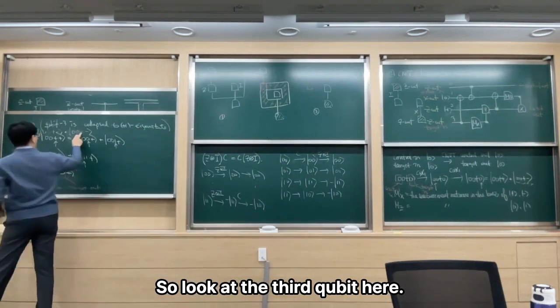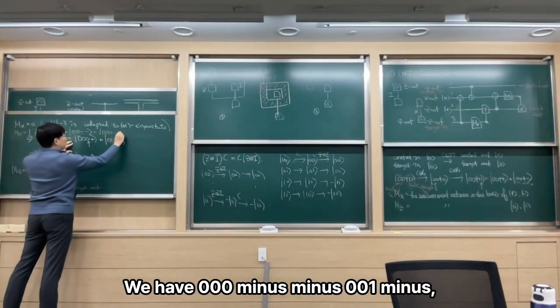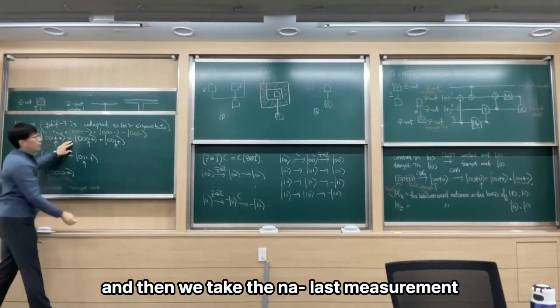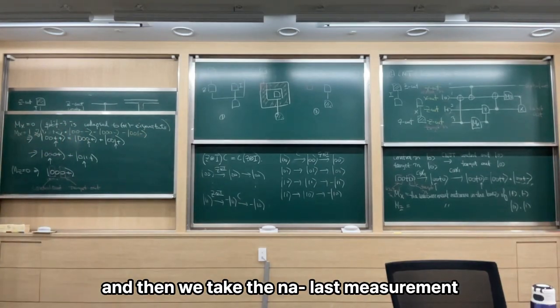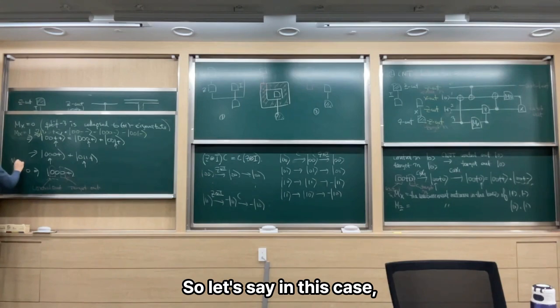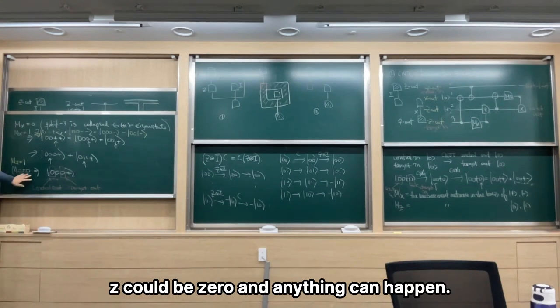So look at the third qubit here. We have 0, 0, 0, minus, minus 0, 0, 1, minus, and then we take a last measurement in the basis of Z, right?